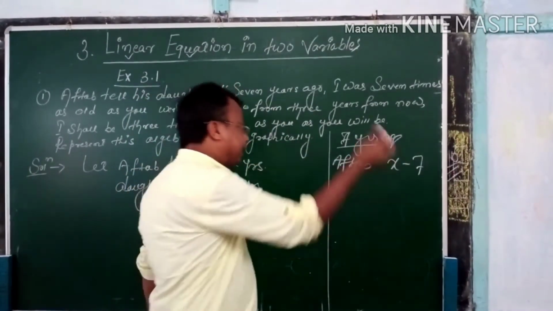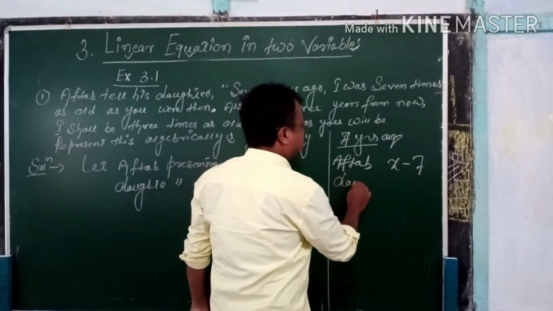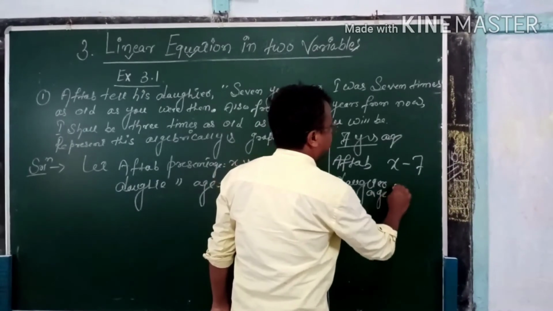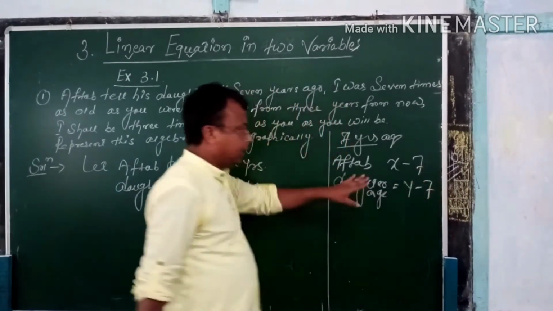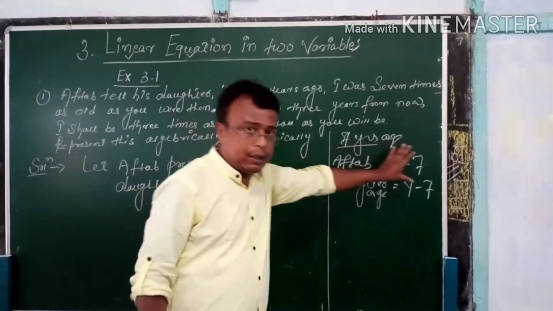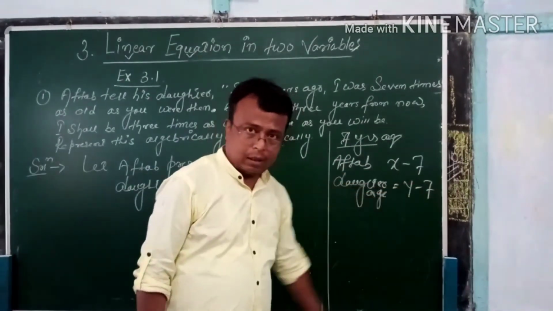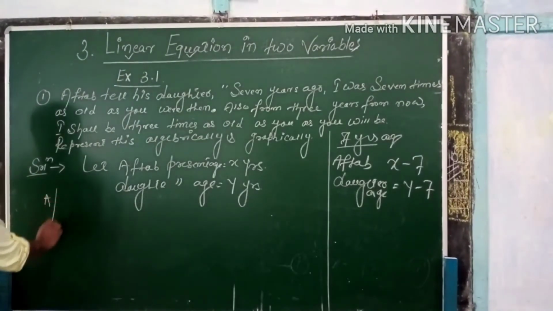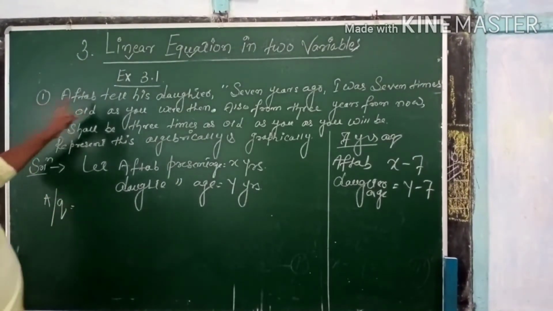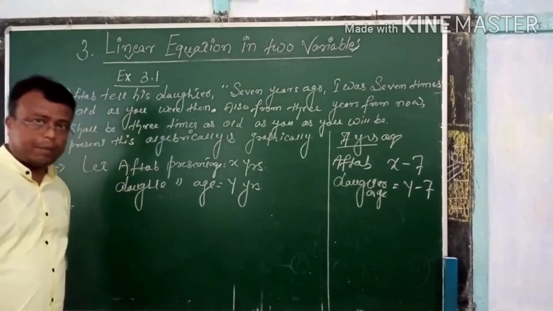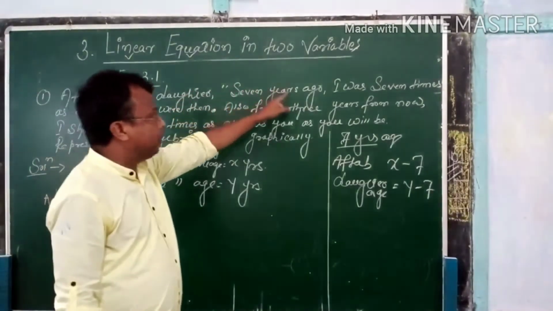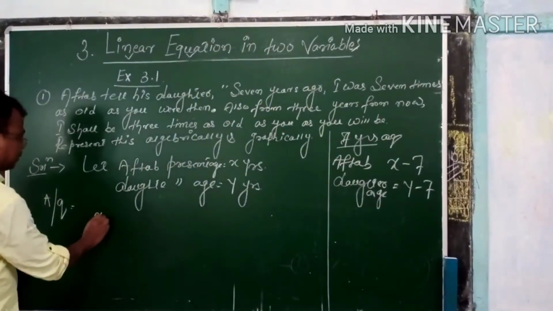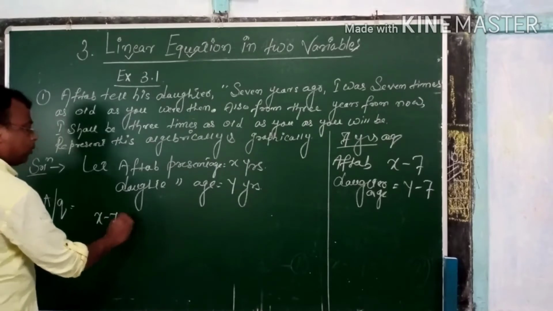So 7 years ago, Aftab's age will be x minus 7, and 7 years ago the daughter's age, can you tell me? Y minus 7. Okay, so 7 years ago अब तो आपका एज इतना था और daughter का एज इतना था. ये हमने understood. Now come to the question. According to the question, आपने अपनी बेटी को बोला, 7 years ago I was, 7 years ago आपका एज कितना था? x minus 7. किसके बराबर था?